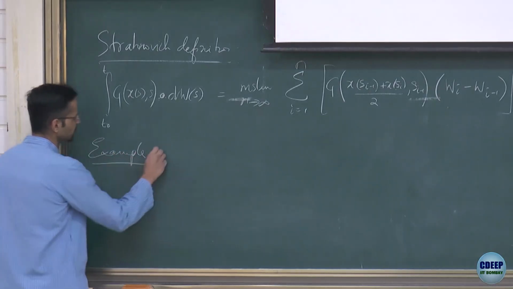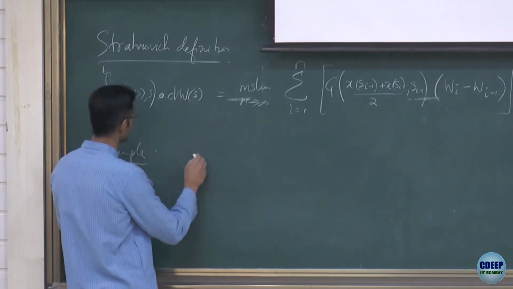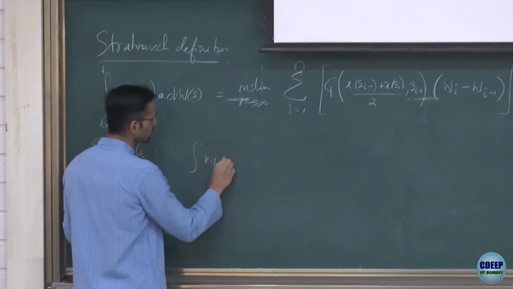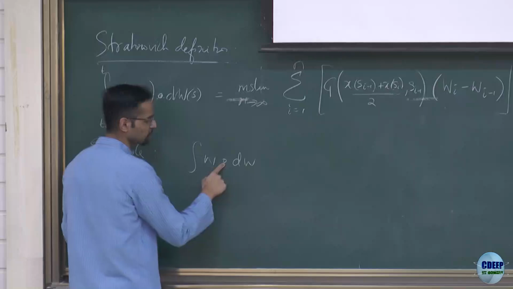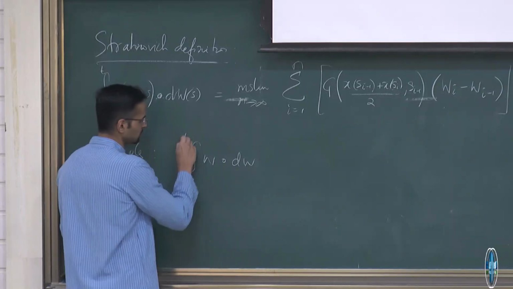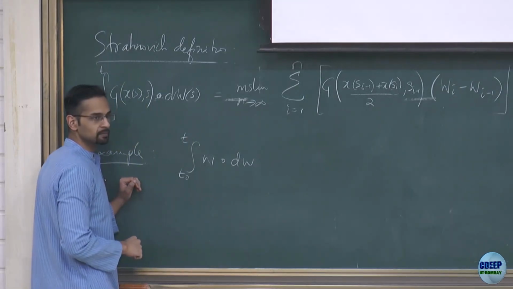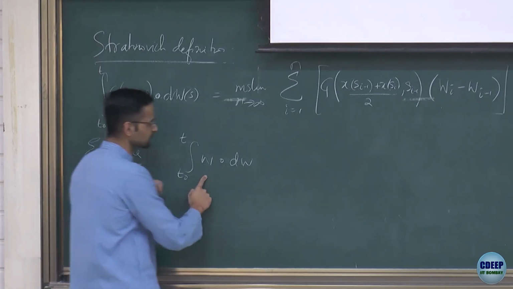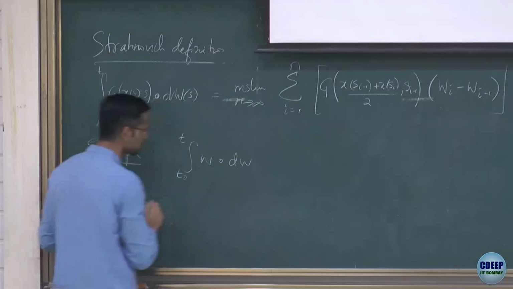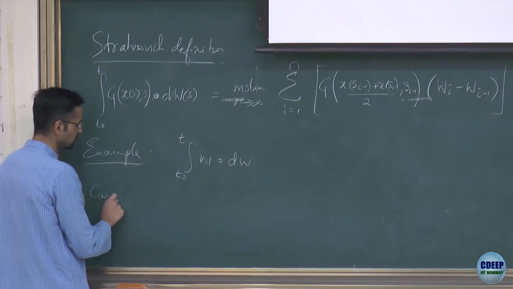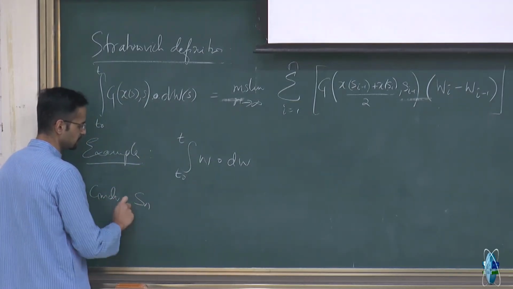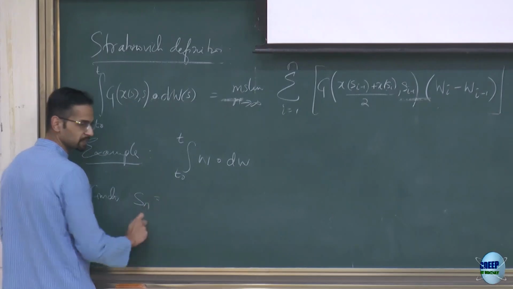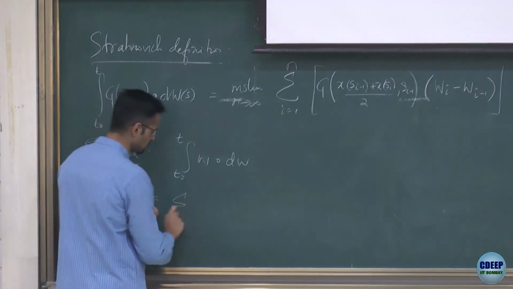So I'll let you try this out. The example, remember, is the integral of W dW, but this time I have the Stratonovich version, so I put the circle. This circle means I'm going to do it in the Stratonovich sense. To find the answer, I should now consider Sn, the partial sum, just like I did before.